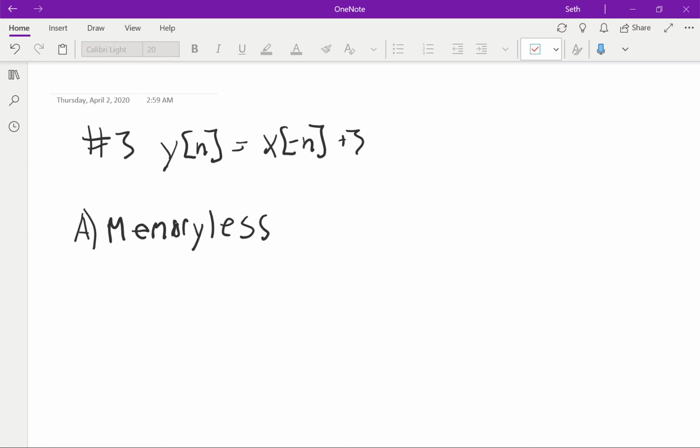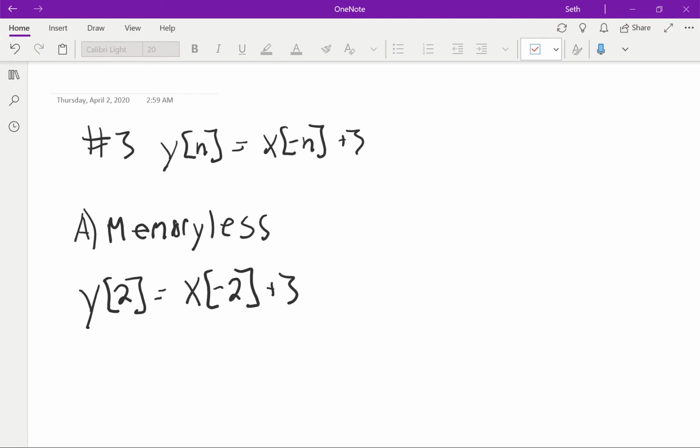This is a pretty easy one. You can just test values, say y of 2 is equal to x of minus 2 plus 3.